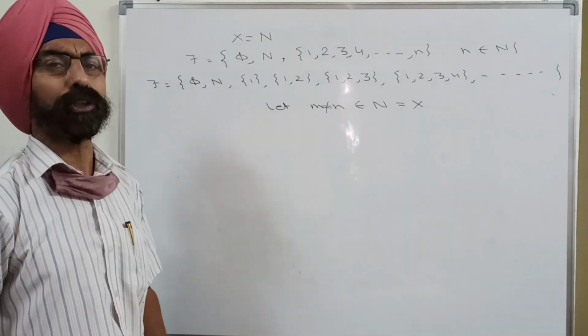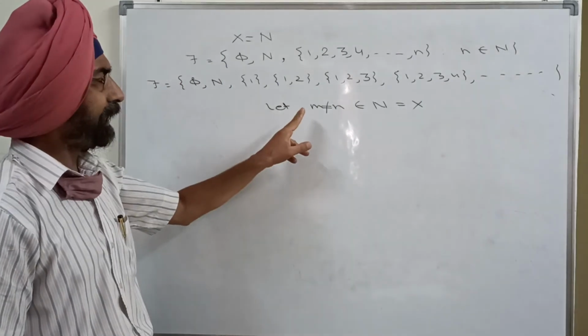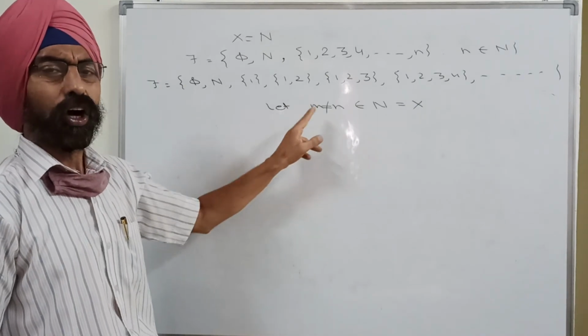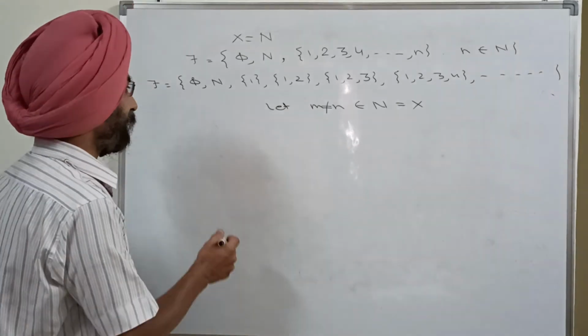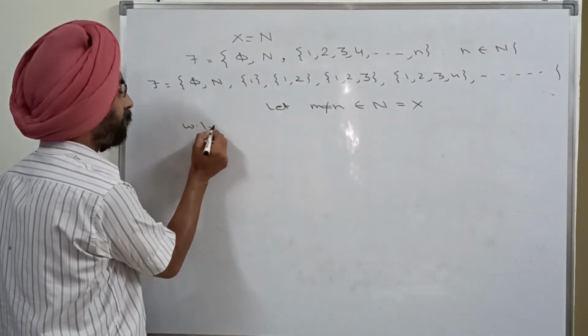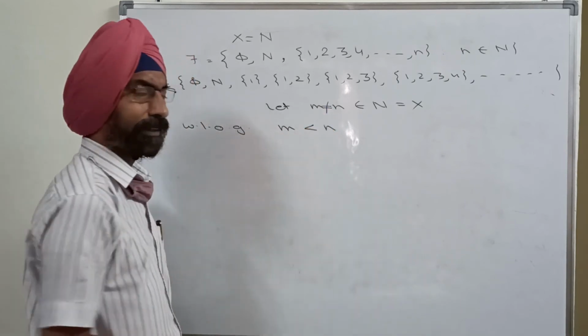That means the second possibility has gone. So what you are left with is either m is less than n or m is greater than n. Without loss of generality, we suppose that m is less than n.